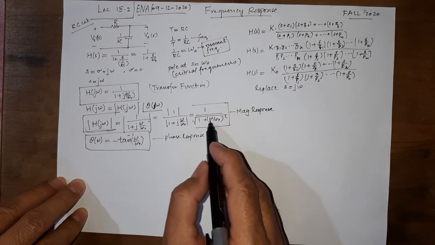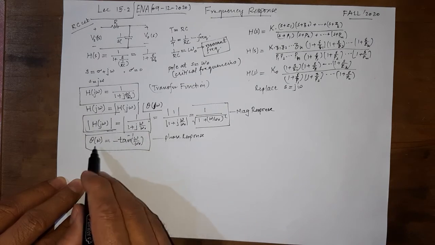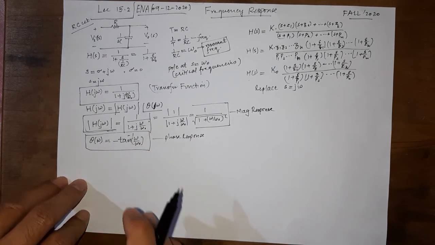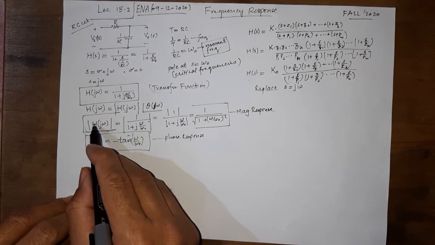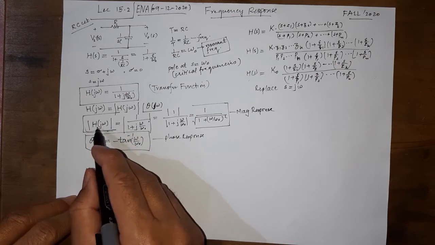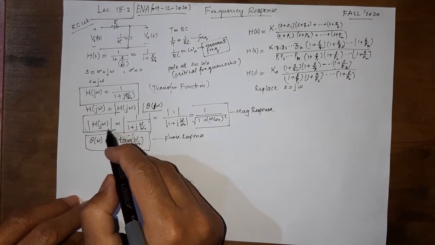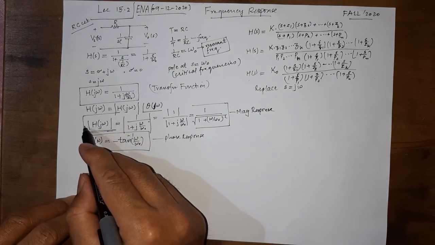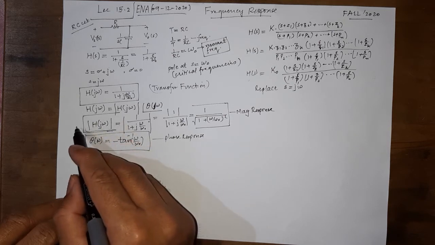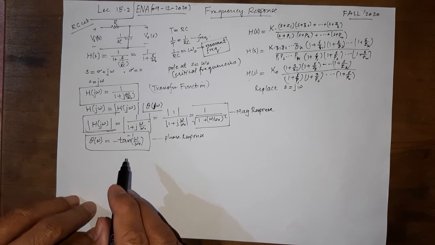Remember, there is no j in here, it's a magnitude, it's real. And the phase angle is also a number, there is no j in here. So we can say this |H(jω)| is also H(ω), but this is the general way it is written because it is written with these magnitude signs. If the magnitude signs are removed, we can write it as H(ω), but this is not used in literature, so we will avoid that.